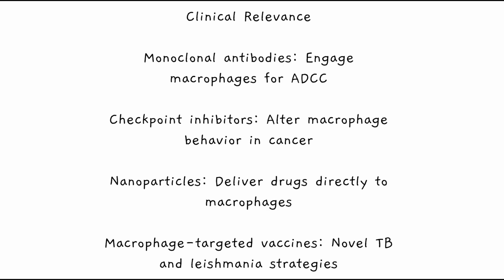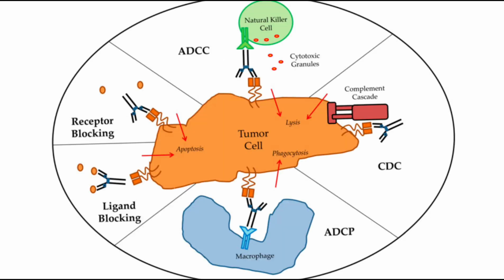So with monoclonal antibodies, the antibody binds to the tumor cells, and macrophages approach and release toxic granules. First, the monoclonal antibody. These lab-made antibodies are designed to target a specific antigen on a cancer or infected cell.